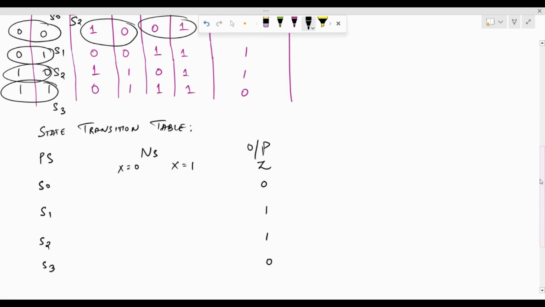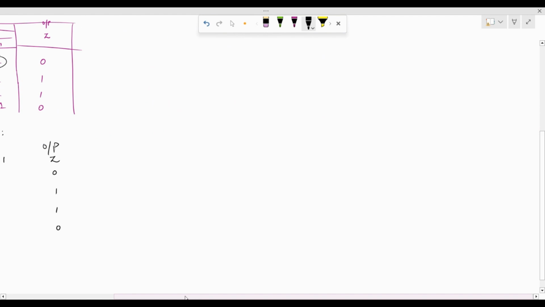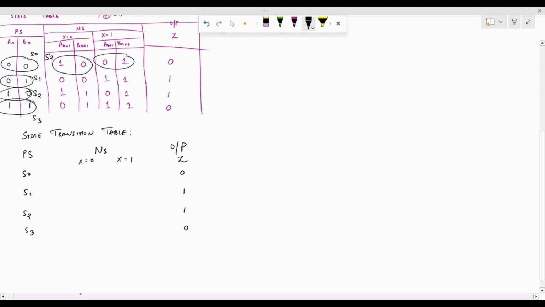So let's do that. So here we have, for 0, 0, for x is equal to 0, here we have 1, 0. 1, 0 is nothing but S2. Then 0, 0 is S0, 1, 1 is S3, and 0, 1 is S1, right? So I'm just going down like that.